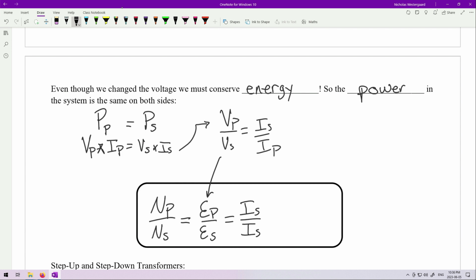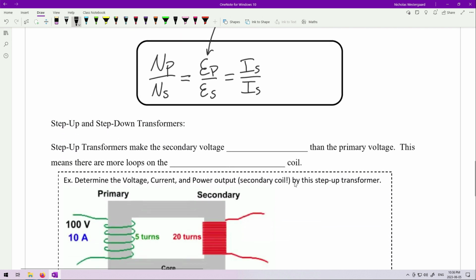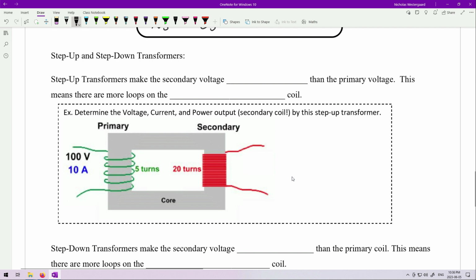So whatever change you make between the primary and secondary loops, make the same proportional change to the EMFs, but do the reverse or the reciprocal relationship to the currents. And this will allow us to conserve energy, because you always have to conserve energy. It's the law. This means that we generally can break down our transformers into two broad categories, step up and step down. When we do these, we are almost always referring to their voltages.